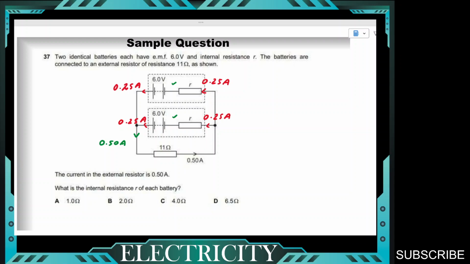And what we need to do now is we simply need to find the resistance of that internal resistor.